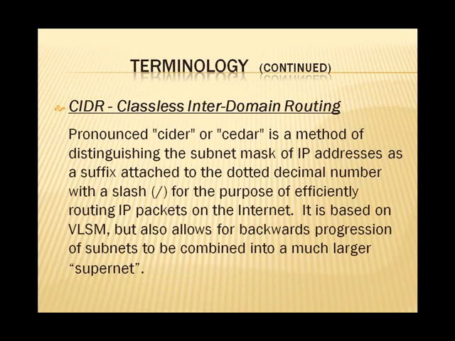Classless interdomain routing, pronounced CIDER or CIDR, is a method of distinguishing the subnet mask of IP addresses with a slash notation. It is based on VLSM, but it also allows for backward progression of subnets to be combined into much larger supernets.